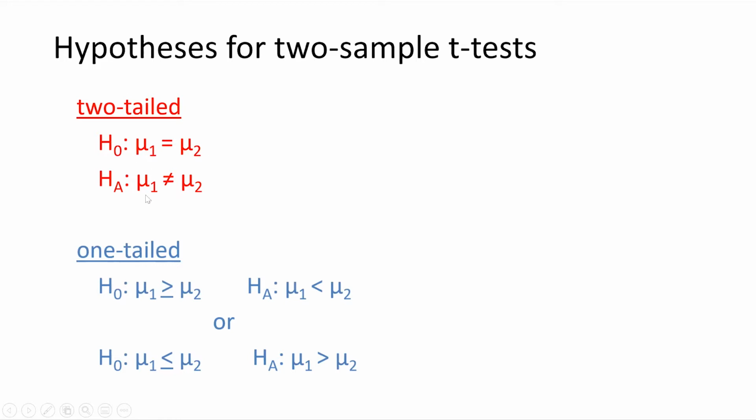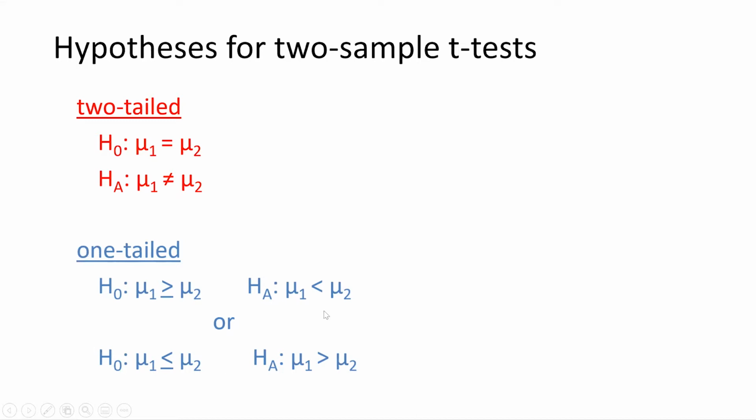Our alternative is that they're unequal. Our one-tailed is that either our null would be that sample 1 is greater than or equal to sample 2, and our alternative is that sample 1 is less than sample 2, or we think that sample 1 is less than or equal to sample 2, and our alternative is that sample 1 is greater than sample 2.